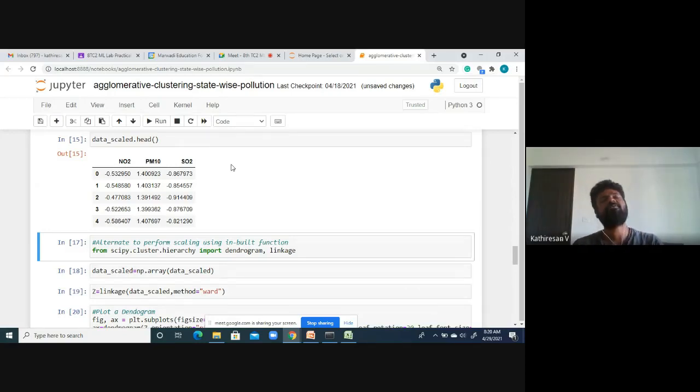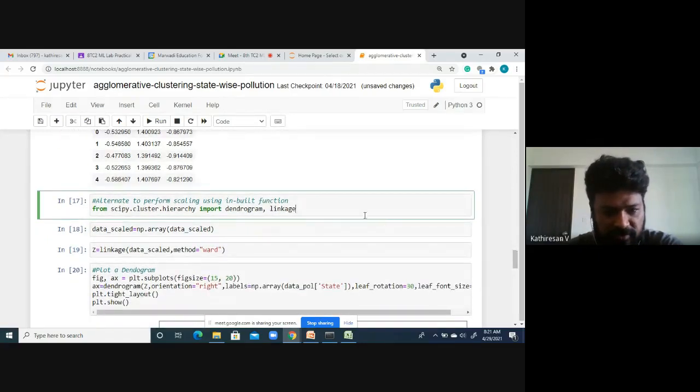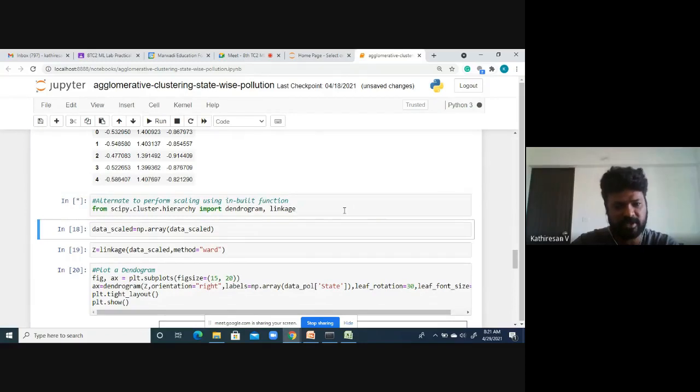Got my point? That we have discussed in the last class itself, how to convert to zero mean, one standard deviation data. There is no change in the property. It is like normalization. So that we have done.